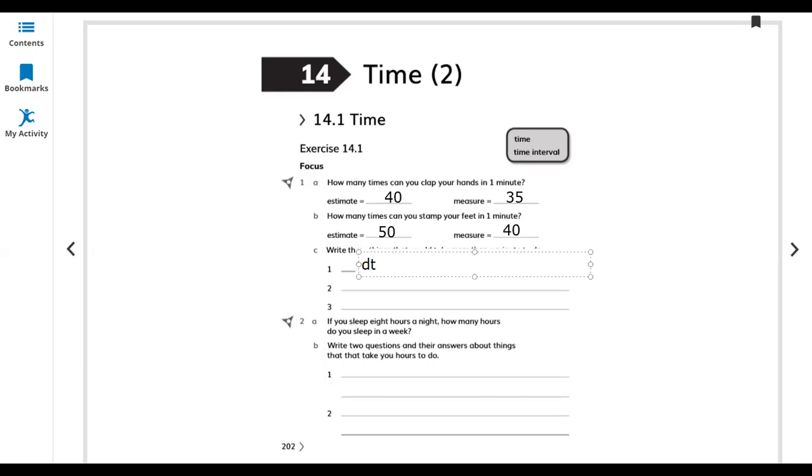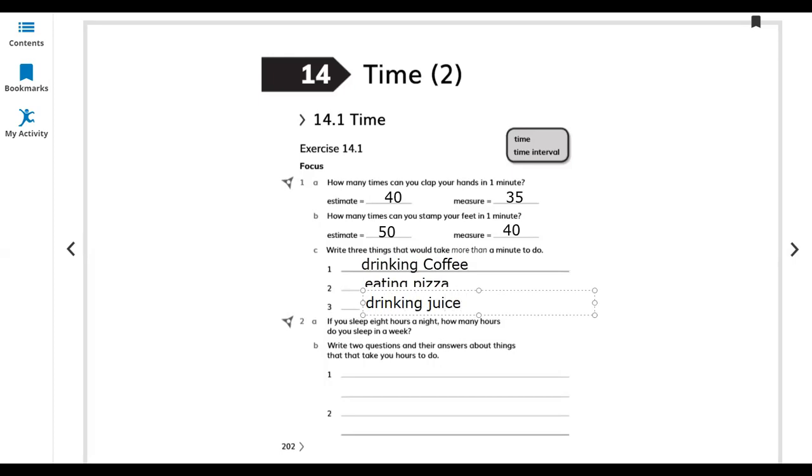Washing hand or drinking coffee, eating pizza, and drinking tea, drinking juice. Normally it will take more than a minute.